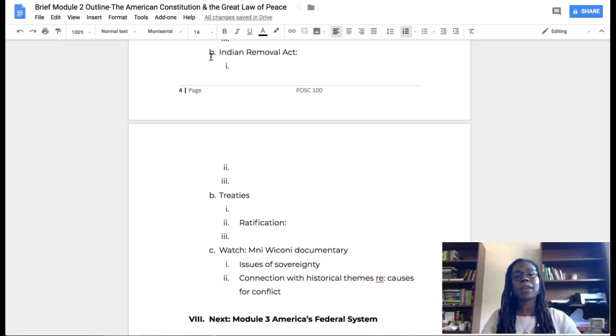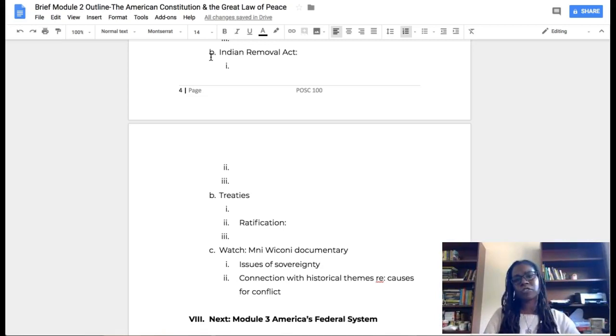The Indian Removal Act was the cause for the Trail of Tears, which was a walk that the members of the 5 tribes had to make all the way from their ancestral homelands to a relocation center. On the way, thousands of people died in the cold and they had to be left on the side of the road, because the military literally walked these individuals from their homelands to the relocation centers.